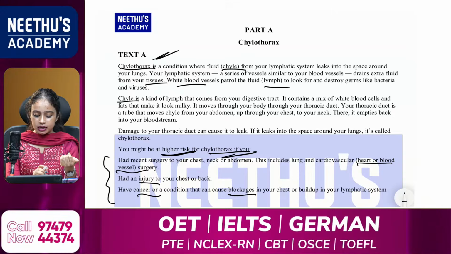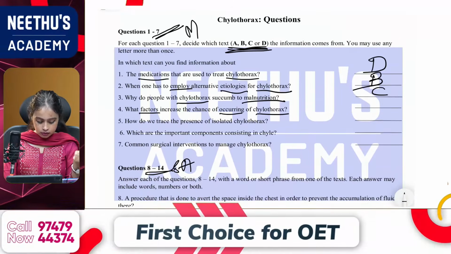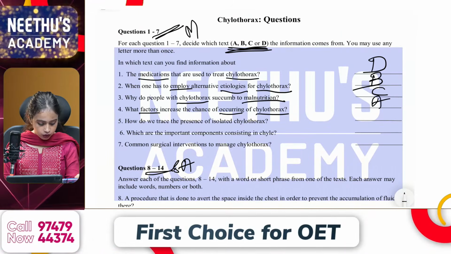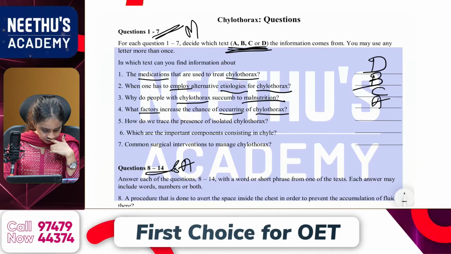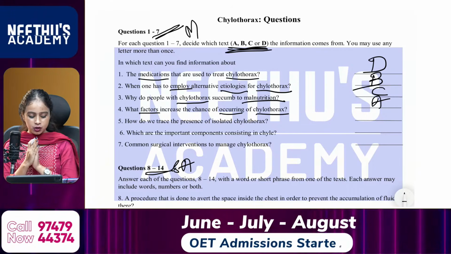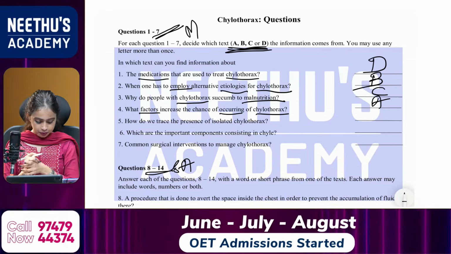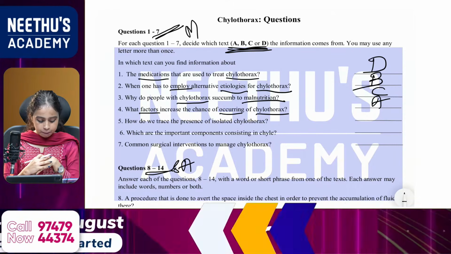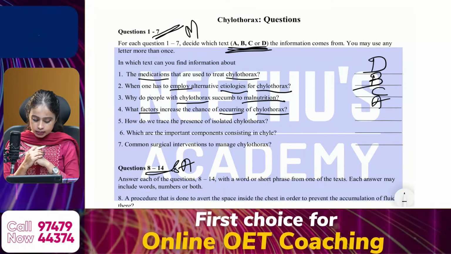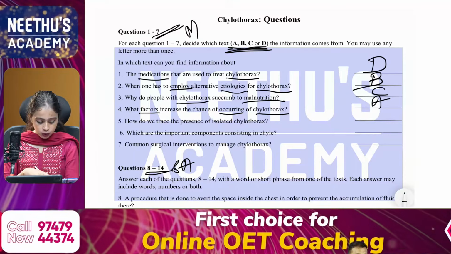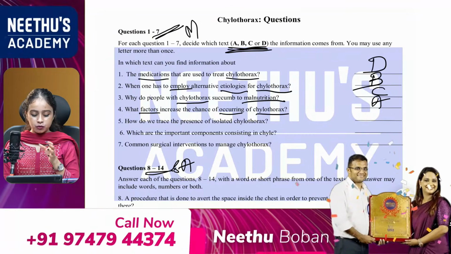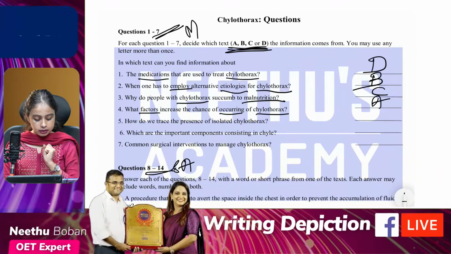So our answer is from text A. Very good. Tessie, you got the correct answer. What about others? Benny, yes, that is from text C, your answer is absolutely correct. Anu, GN, okay. So the fourth one is from text A.